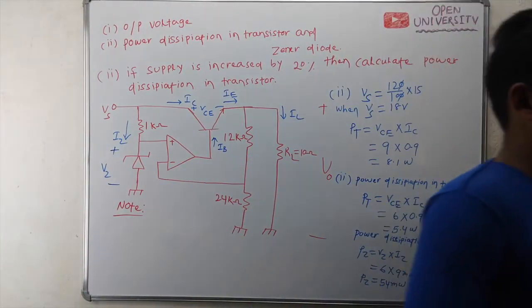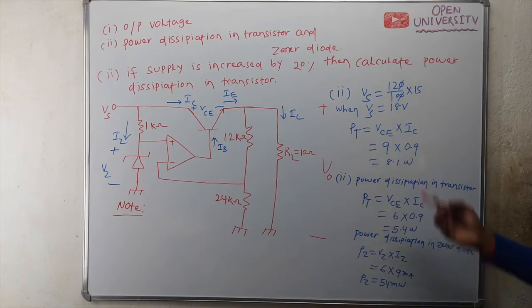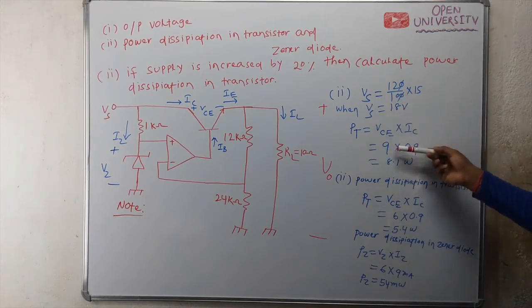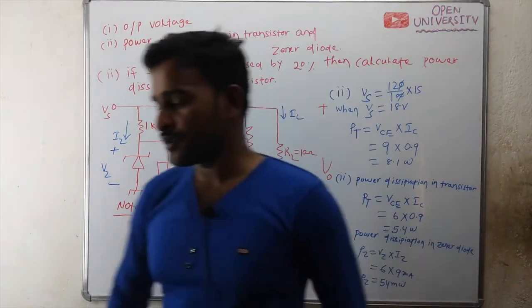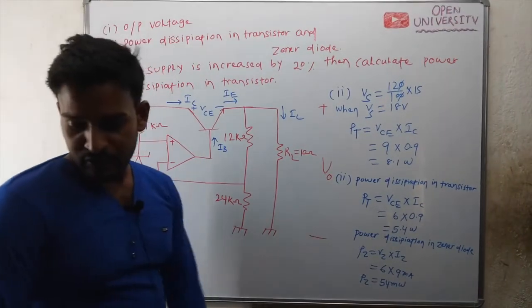Vs changes by an amount 3 volt, Vc also changes by an amount 3 volt. So in a series regulator, change in supply voltage will cause a change in Vc of series transistor. Write down the next question.